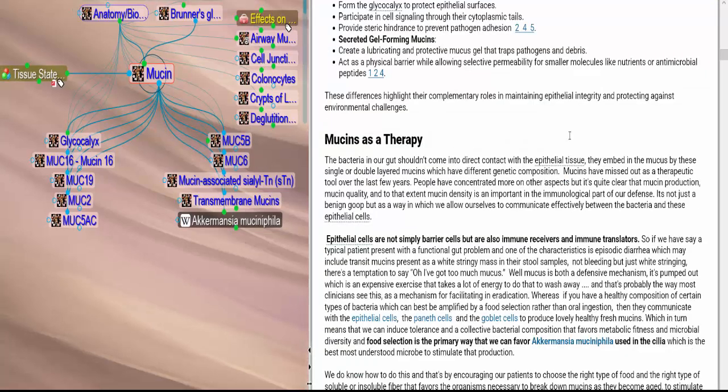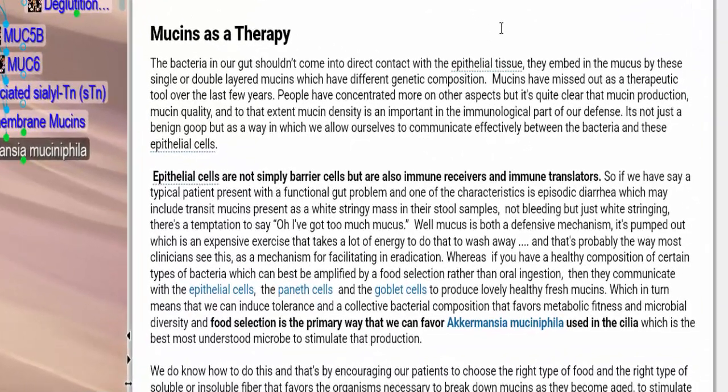So what about mucins as a therapy? We know that bacteria in our gut should not come into direct contact with the epithelial tissue. They embed in the mucus by these single or double-layered mucins, which have different genetic compositions. Mucins have missed out as a therapeutic tool over the last few years because people have concentrated more on other aspects.